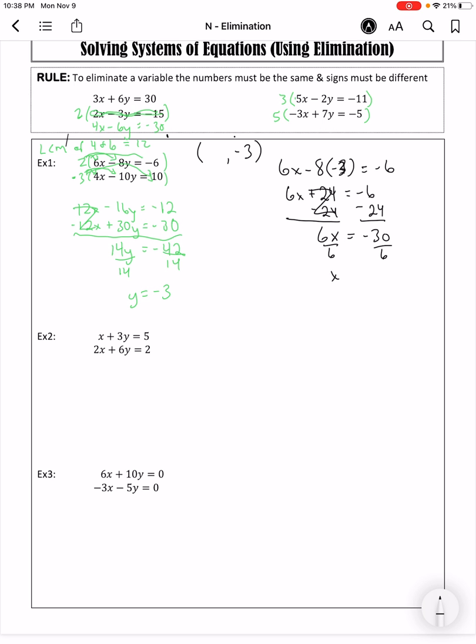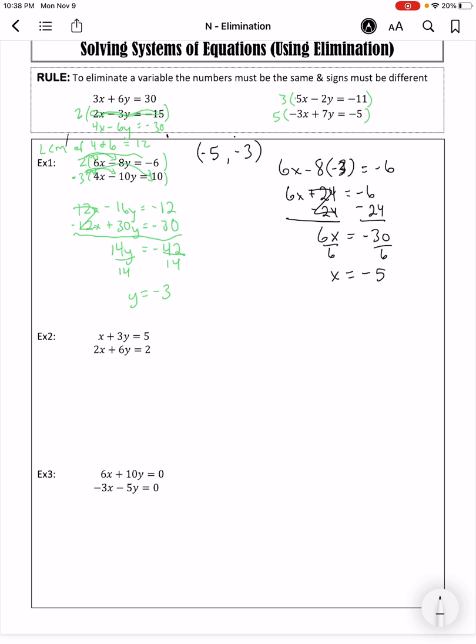So x equals a negative 5. Negative 30 divided by 6 is negative 5. So my solution would be negative 5, comma, negative 3. And that's the spot where I'd graph both of those equations. That's where they would cross or touch.